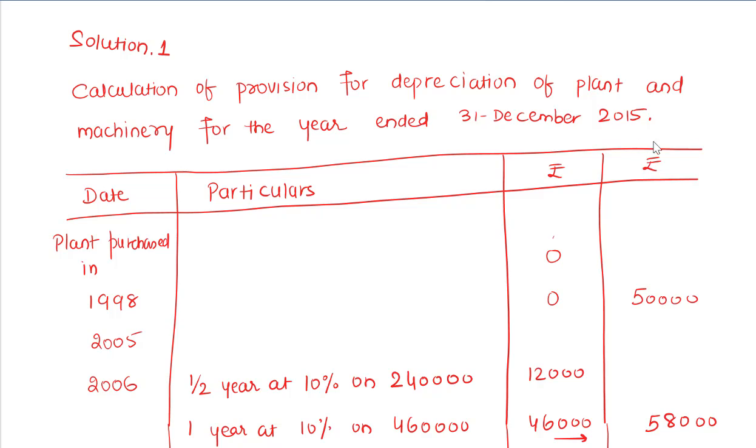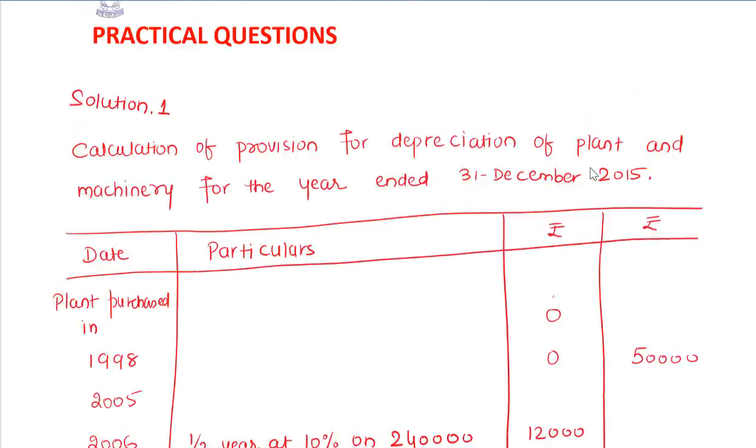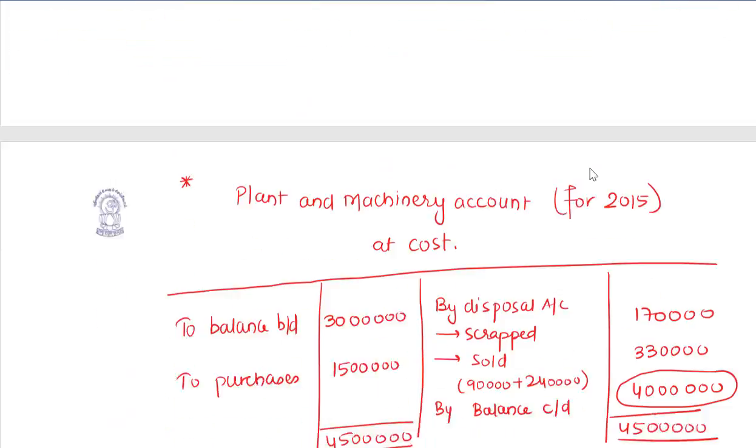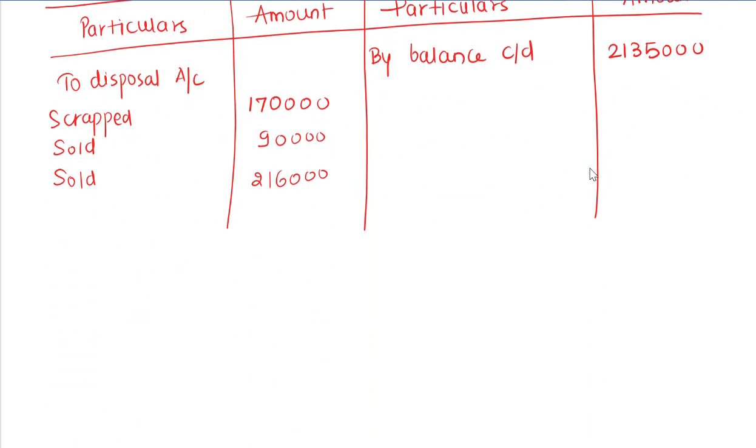The provision for depreciation for the year end, that is 2 lakh 63,000, we have calculated. So by profit and loss account 2 lakh 63,000.